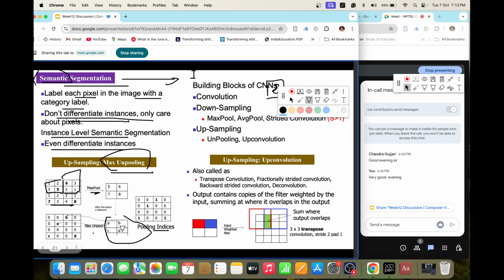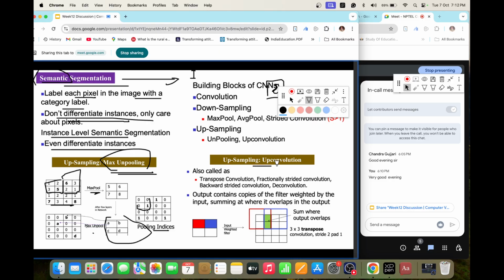For example, if A, B, C, D is your max pooling result, you put A here, B here, C here, and D here. So that is max unpooling: previously we downsampled, now we upsample.